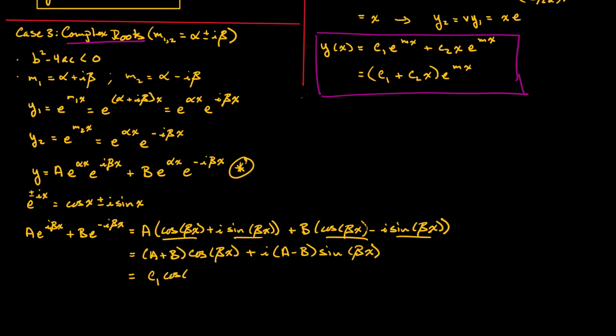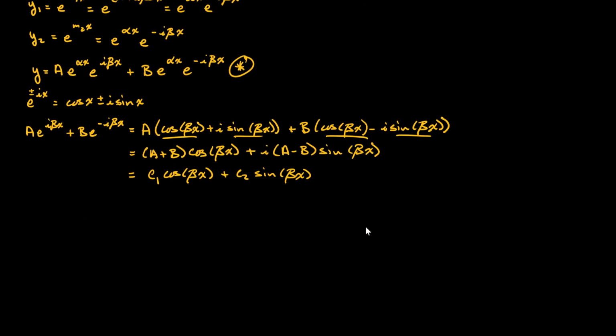So c1 cosine of beta x plus c2 sine of beta x, which gives us the general solution.